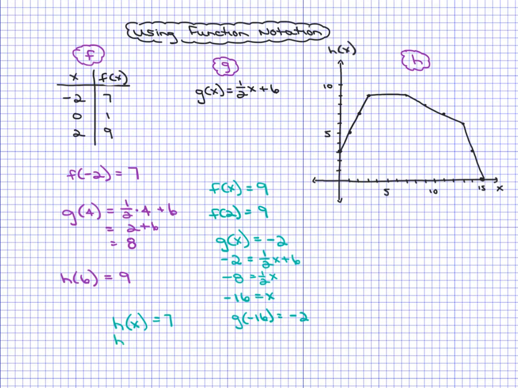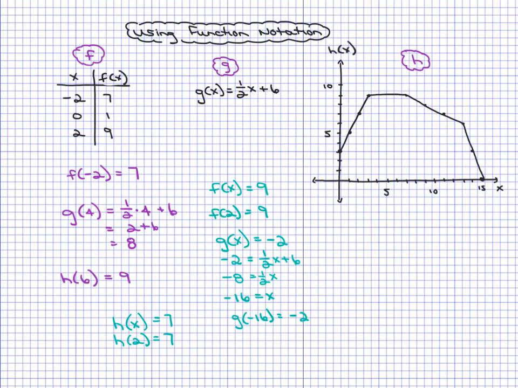So we know h of 2 is equal to 7. So using these definitions, we can go both ways. If we know the input, we can find the output, or if we're given the output, we can determine the input, going both directions.